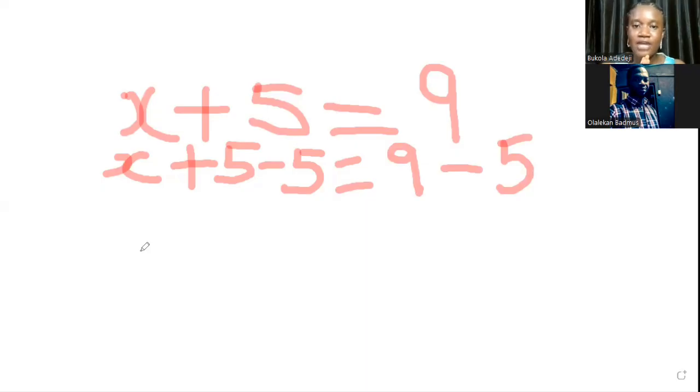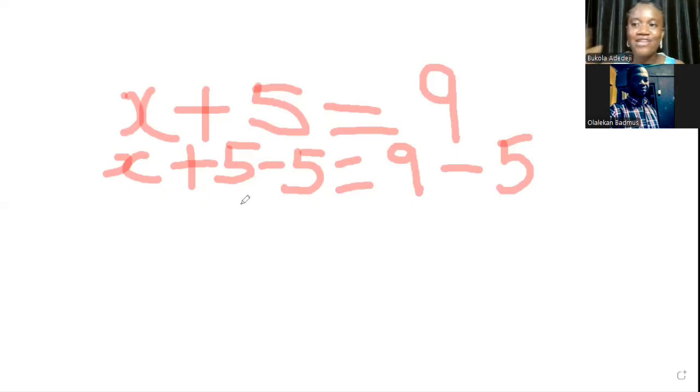Now, take a look at this. By the time we get this done, we're going to have just x on the left-hand side. So look at plus 5 minus 5. Plus 5 will cancel out minus 5, and I will explain how we arrive at that.